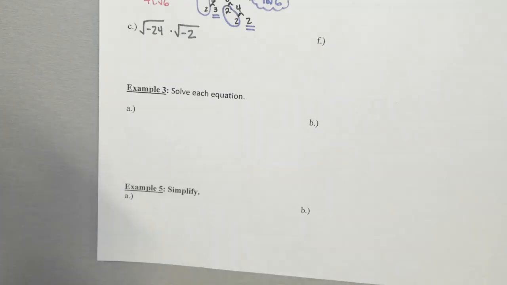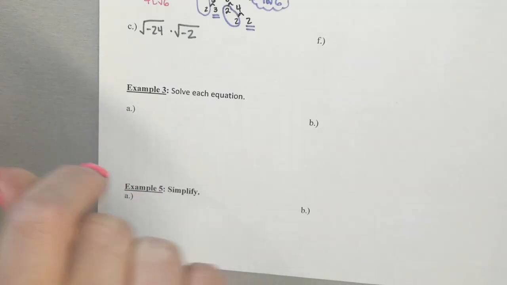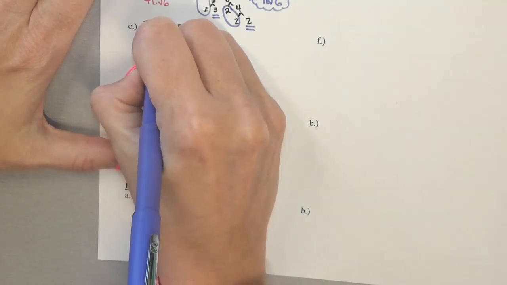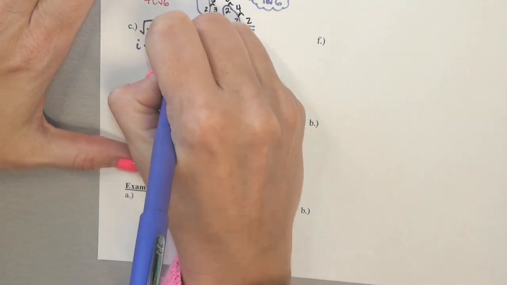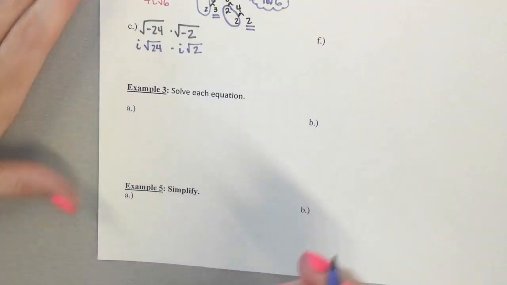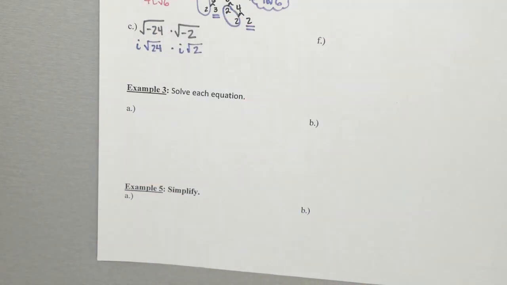Let's start by taking out the i values. So you have i root 24 multiplied by i root 2. Then go ahead and simplify the square root.